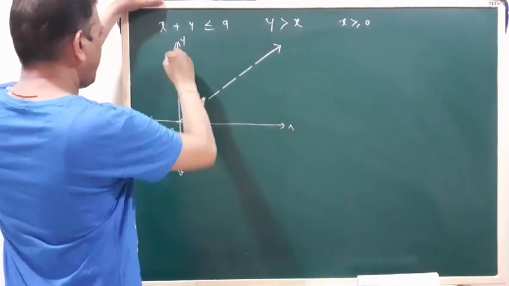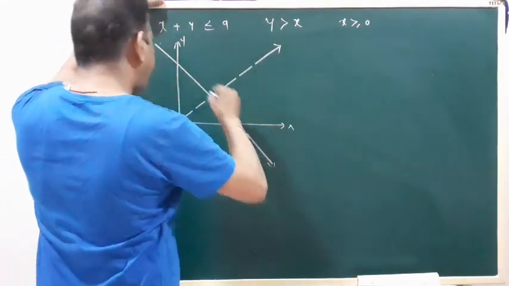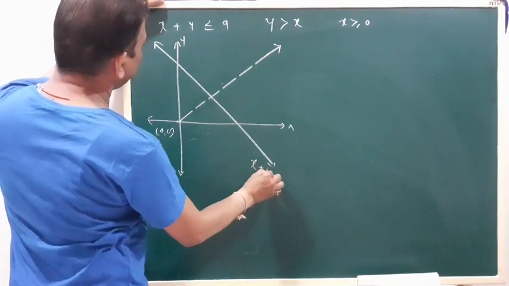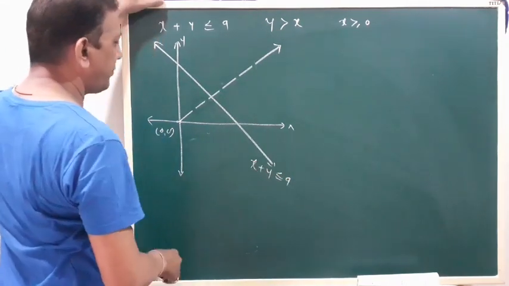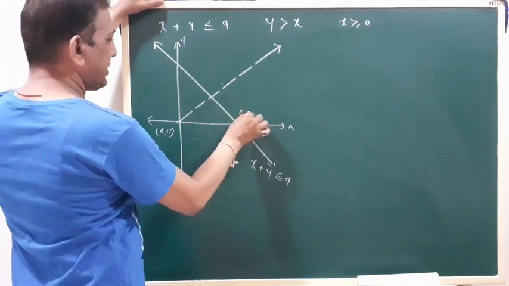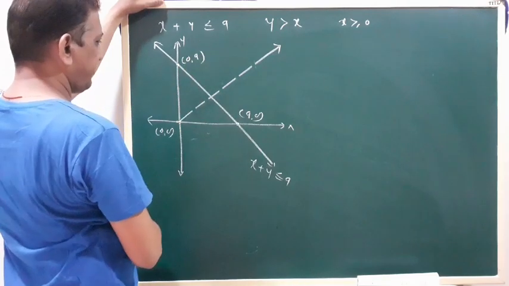Now the first line is very simple. x plus y less than or equal to 9. The intersection points are 9, 0 and 0, 9.